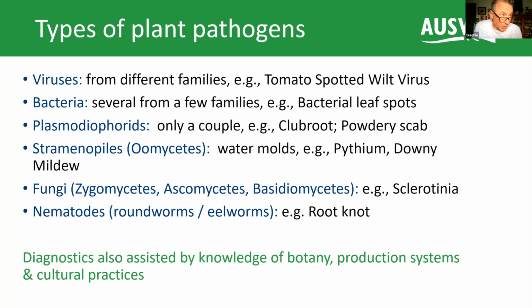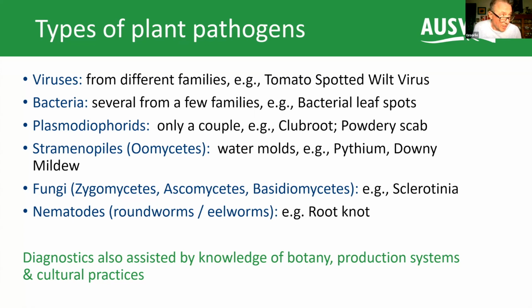In Australia, just generally, it's the solanaceous species that are affected. And then many different bacterial species or subspecies are causing leaf spot diseases. Another group, and you may not have even heard of this group, the word I've used is the plasmodiophorids.